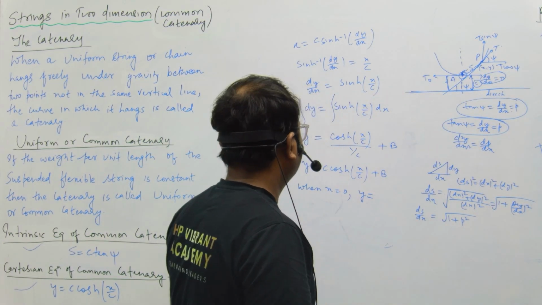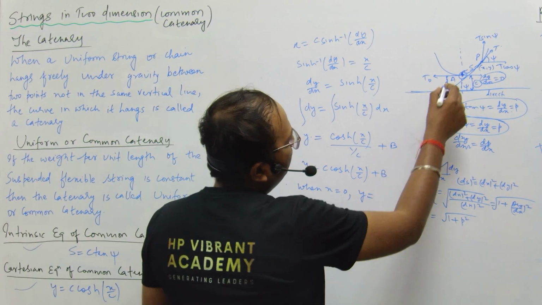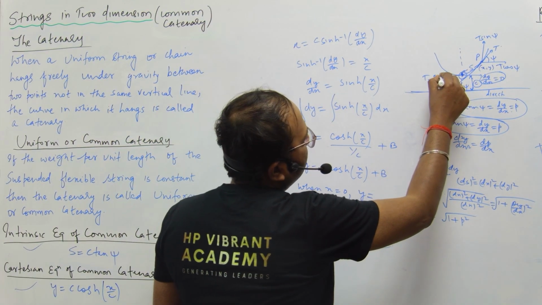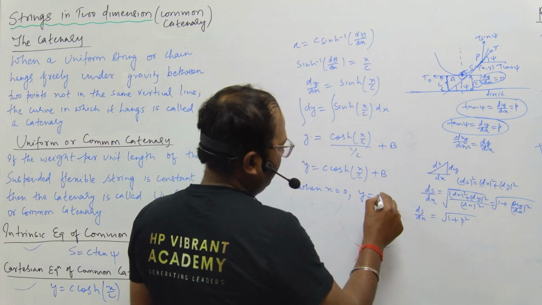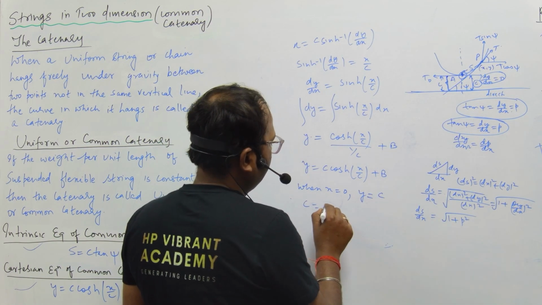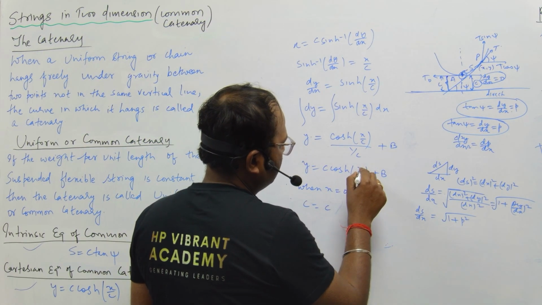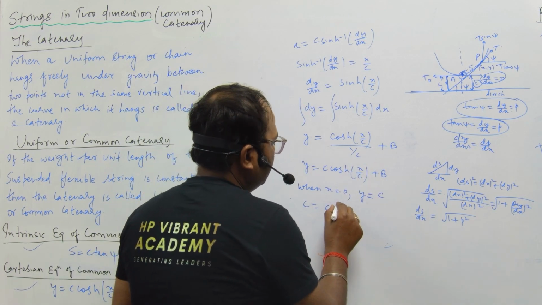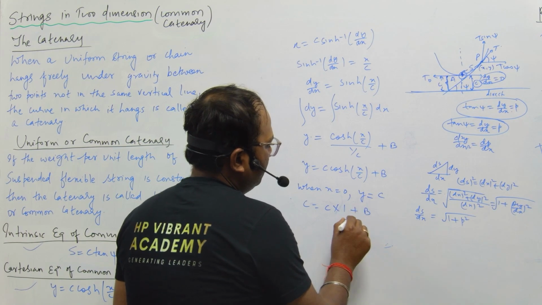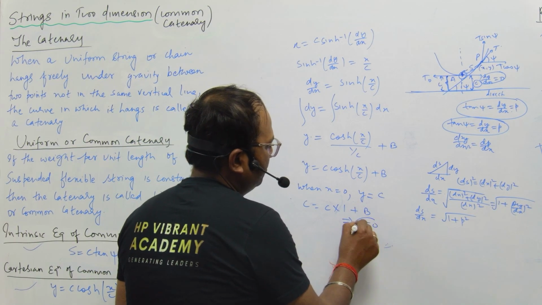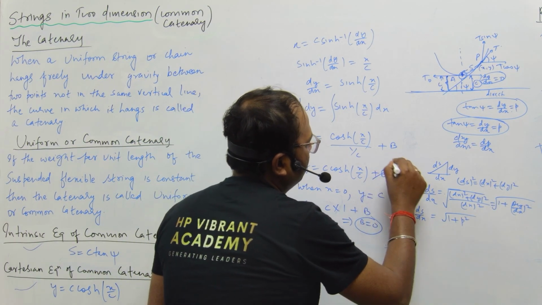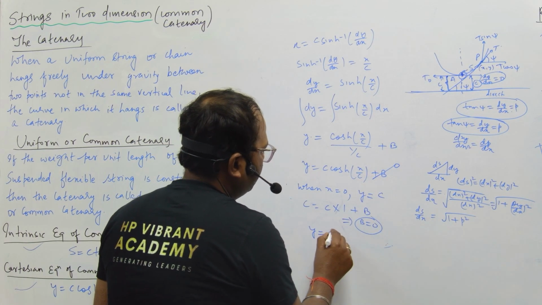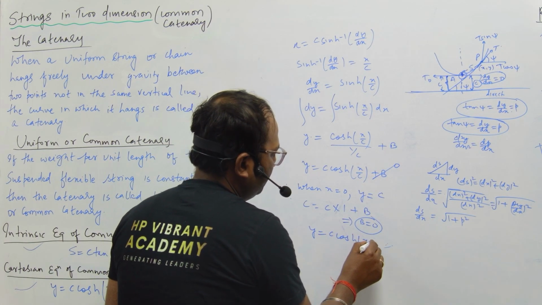So when x is equal to 0, y is equal to c, so c is equal to c times cosh 0 plus b. Since cosh 0 is 1, c into 1 plus b, so b is equal to 0. So we have y is equal to c cosh of x/c.